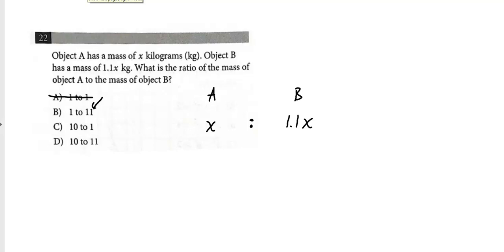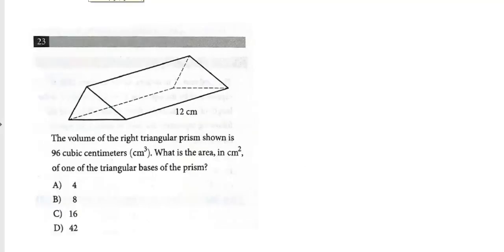It's not 1 to 11, because that means one is 11 times bigger. This one, A, is not 10 times bigger. I think it'd be D, because if I put a 10 here and a 10 here, it would be 10 to 11. So the correct answer here would be D. You can scale up ratios like that to make them match the answers that they have on here.